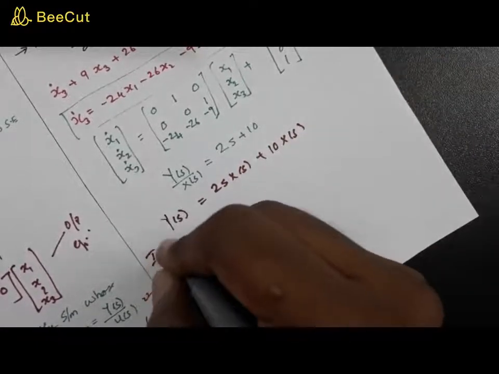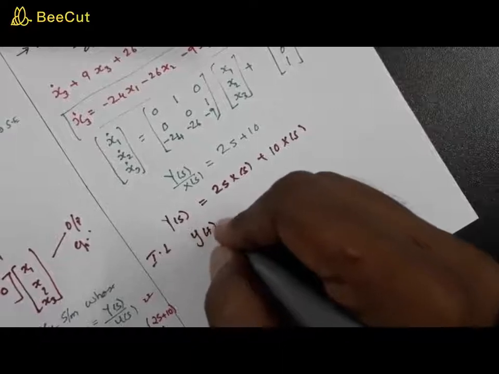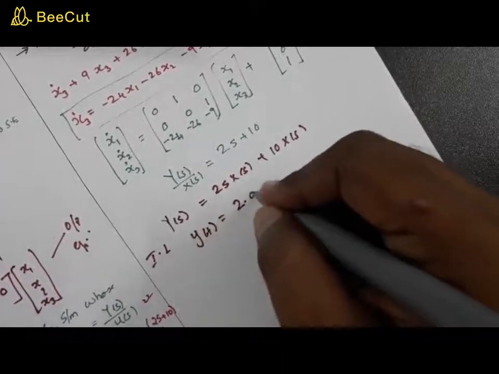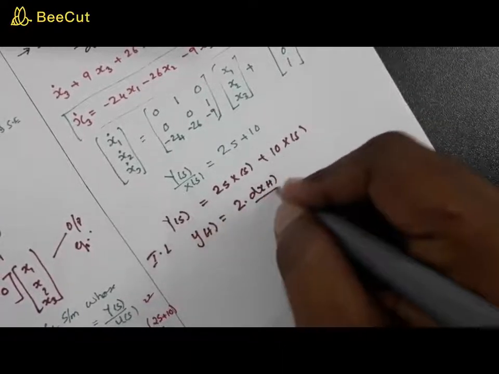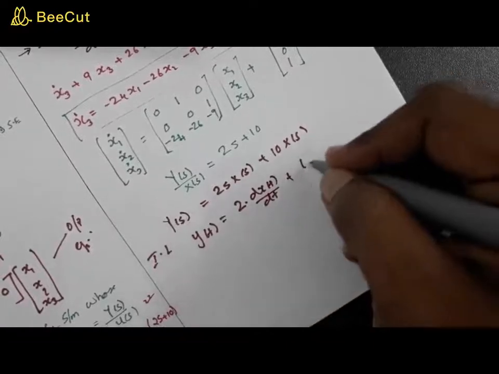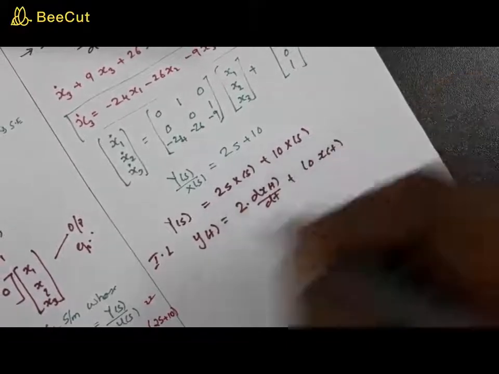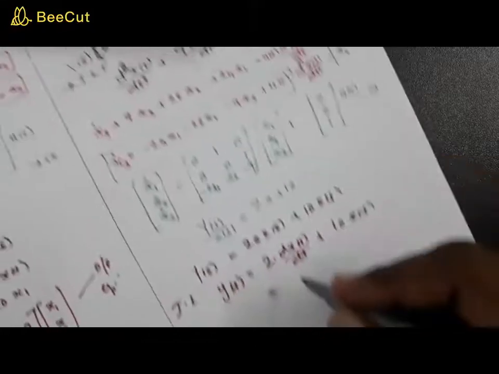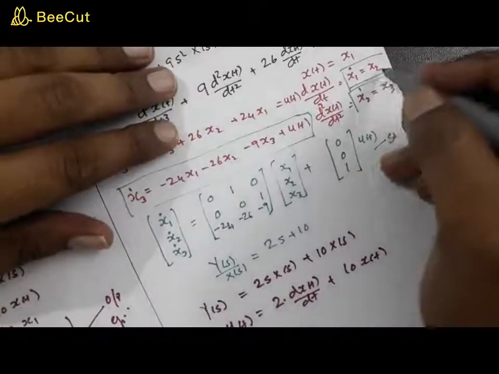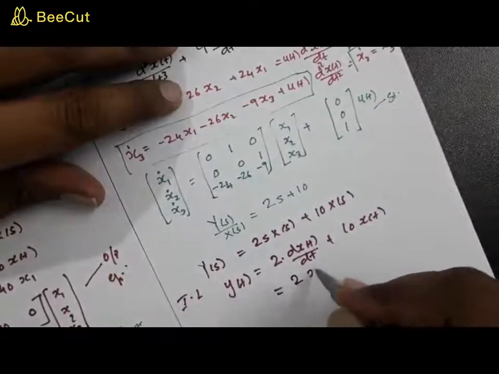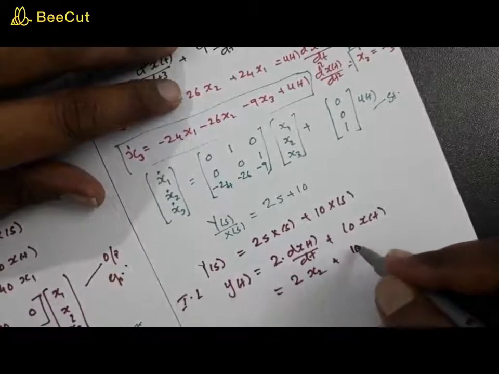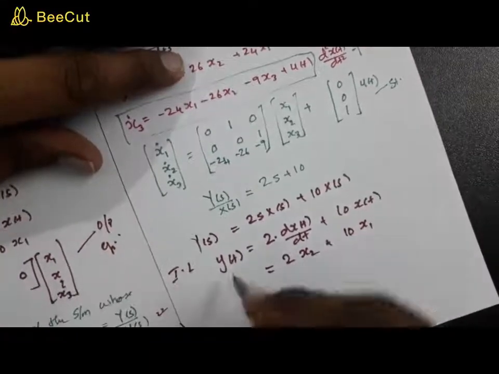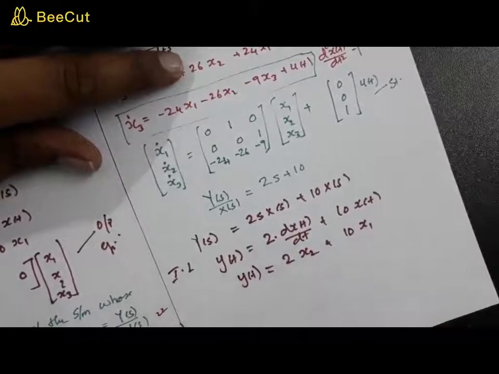Taking the inverse Laplace transform, you will get y(t) is equal to 2 into dx(t) by dt plus 10 into x(t). Dx(t) by dt can be written as x2, so 2 into x2 plus 10 into x1 is equal to y(t).